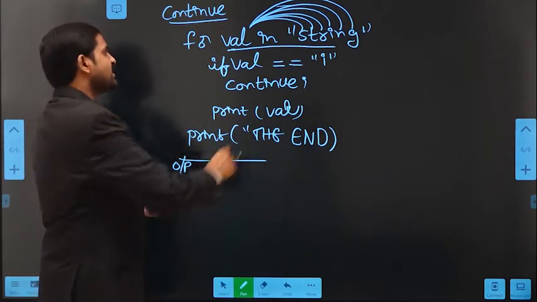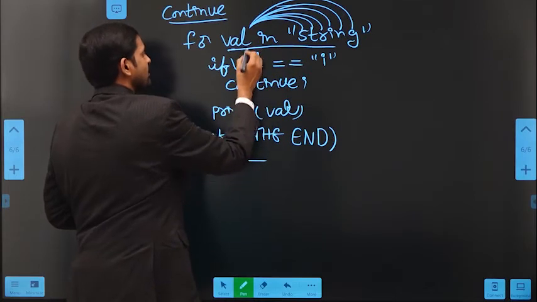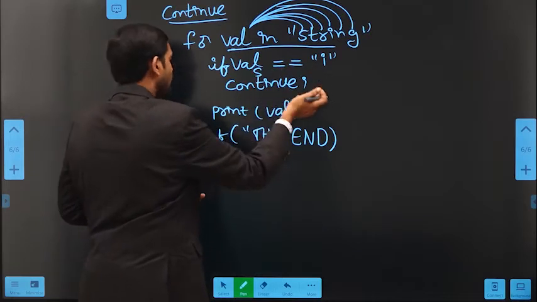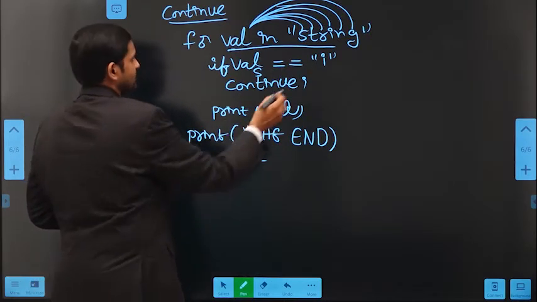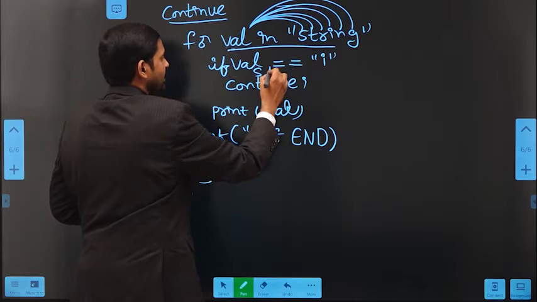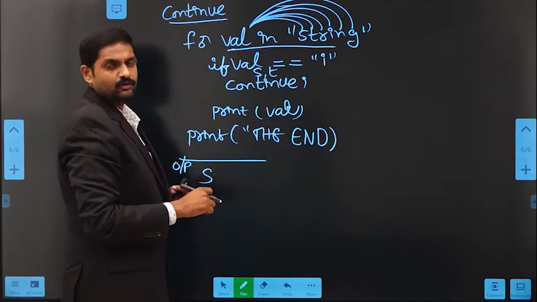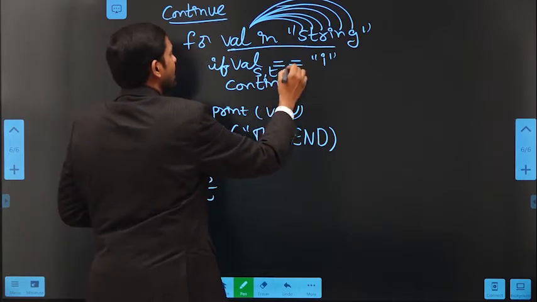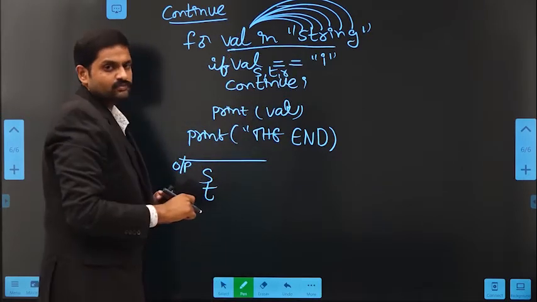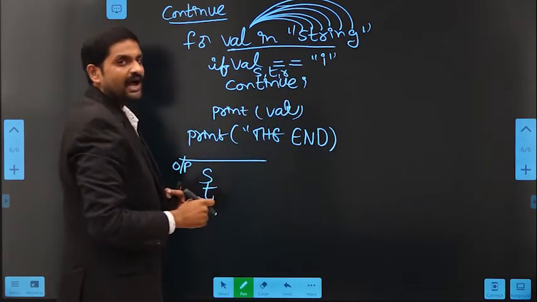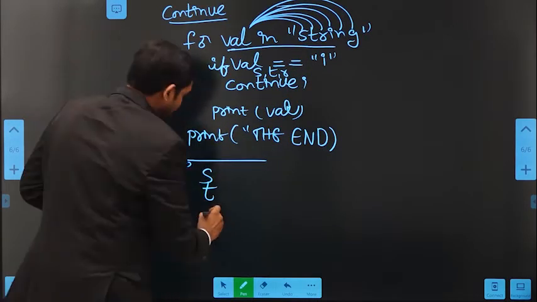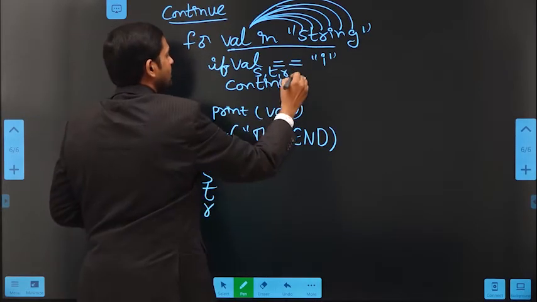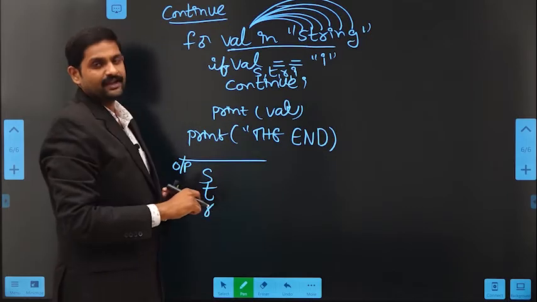Now, in the first iteration, S is assigned to the val, S equal to I, it's not true, prints the val. Second iteration, T is not equal to I, it prints the value T. In the third iteration, R is assigned to val, R is not equal to I, it prints the val R. In the fourth iteration, I is equal to I.